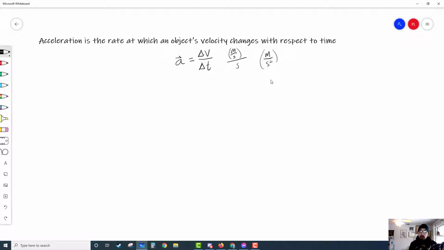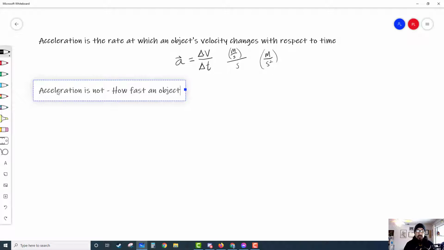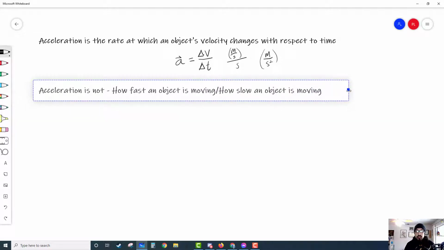Whereas meters per second squared, it doesn't really help us with much. With that out of the way, I also want to point out what acceleration is not. Acceleration is not how fast an object is moving or how slow an object is moving. The motion of an object, when you're describing how fast or how slow, that's velocity.